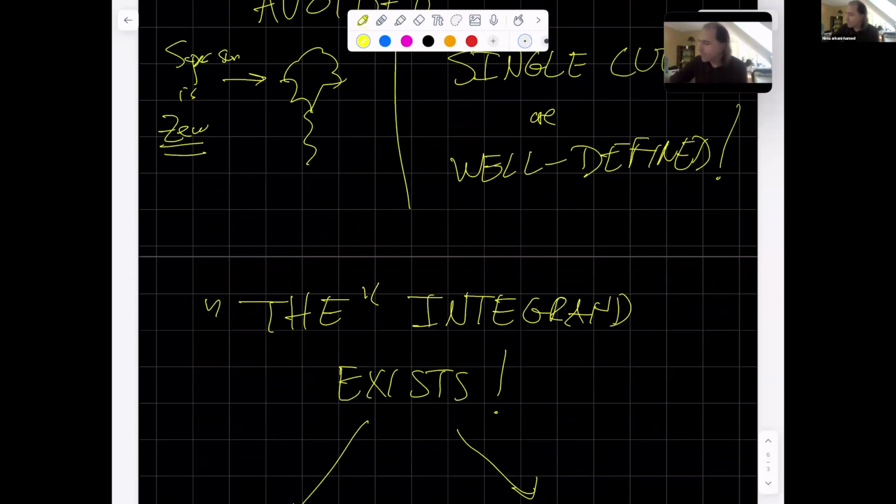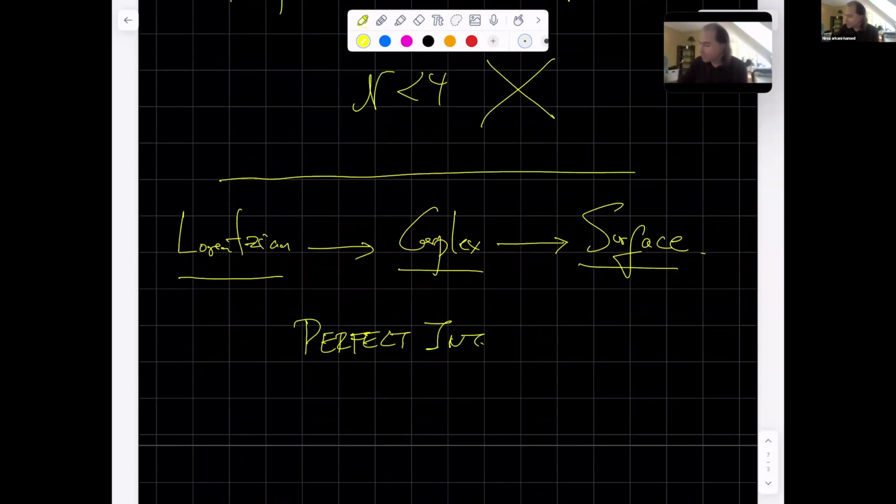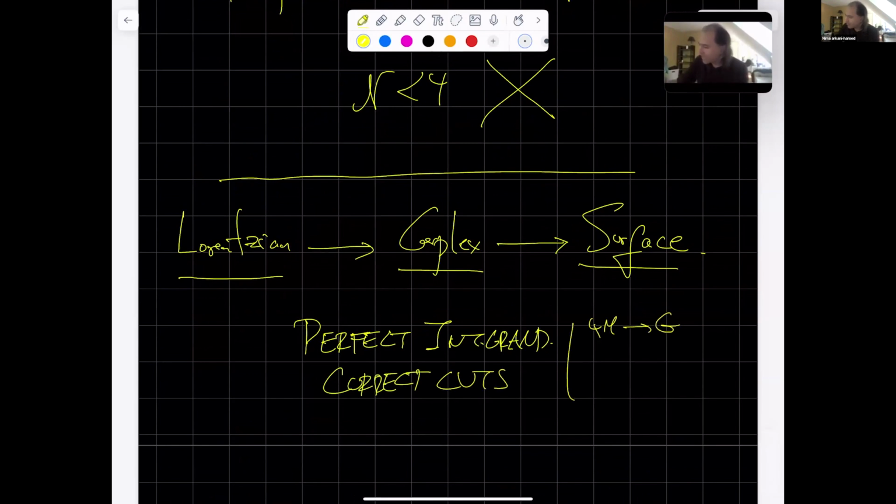Okay, but we're going to have the perfect integrand. It's going to have correct cuts. For Yang-Mills, it will have gauge invariance. For the NLSM, we understand this at all loops already, and it has the Adler zero and more.